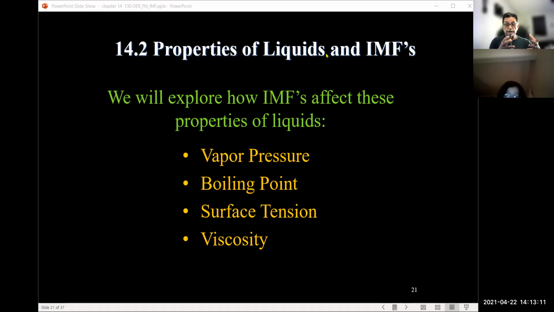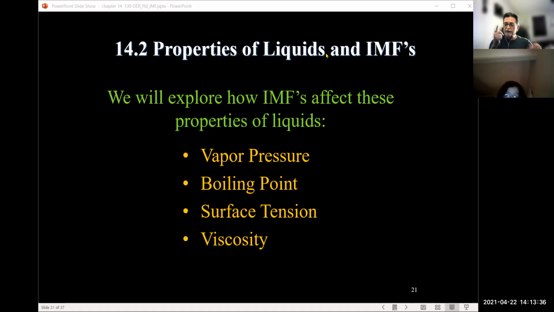We know that honey is very thick. If we were going to do a race to see who can empty itself from a cup quicker, obviously the water is going to win because the honey is very viscous. That's again because its intermolecular forces are much stronger than the forces with water.